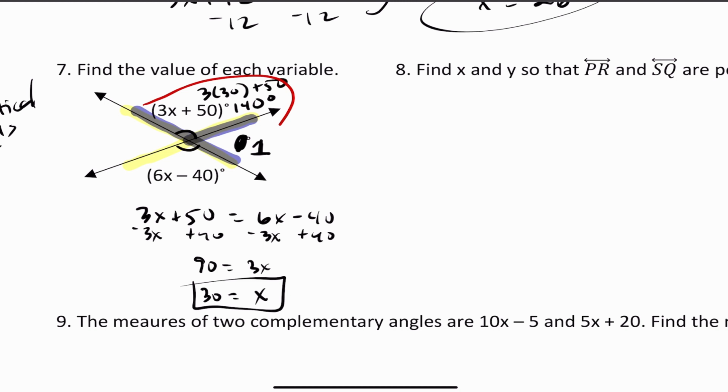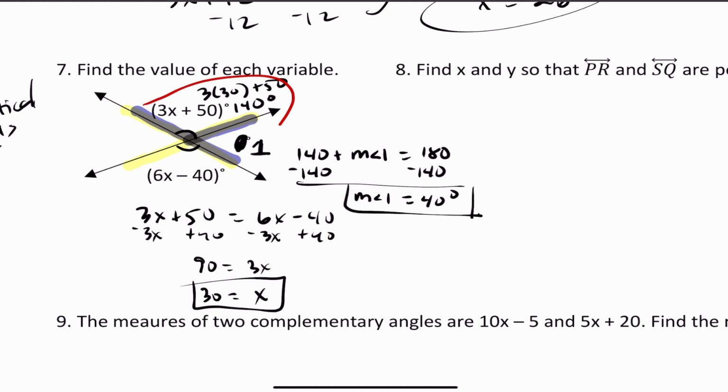For the measure of angle 1, I will do 140 plus the measure of angle 1 is equal to 180. I subtract both sides by 140. So then measure of angle 1 equals 40 degrees. That's the same thing. So this angle here is called angle 1. How do I know what the measure of angle 1 is? Well, I just did what I did before. I just replaced the y with this, just in case you see something like this on the quiz or test.